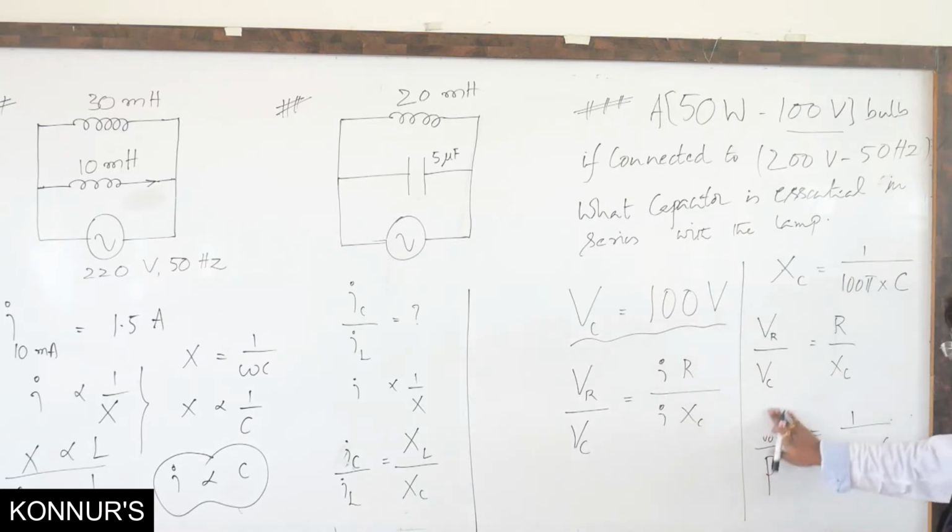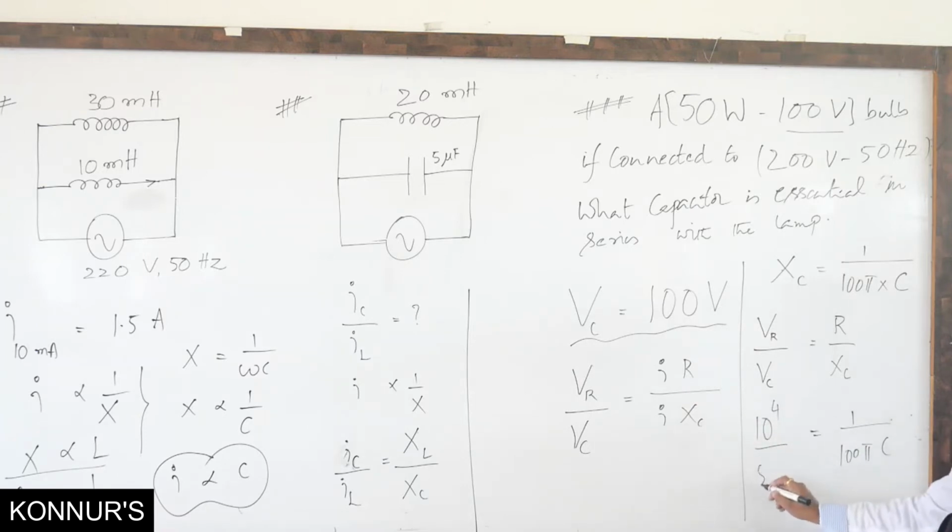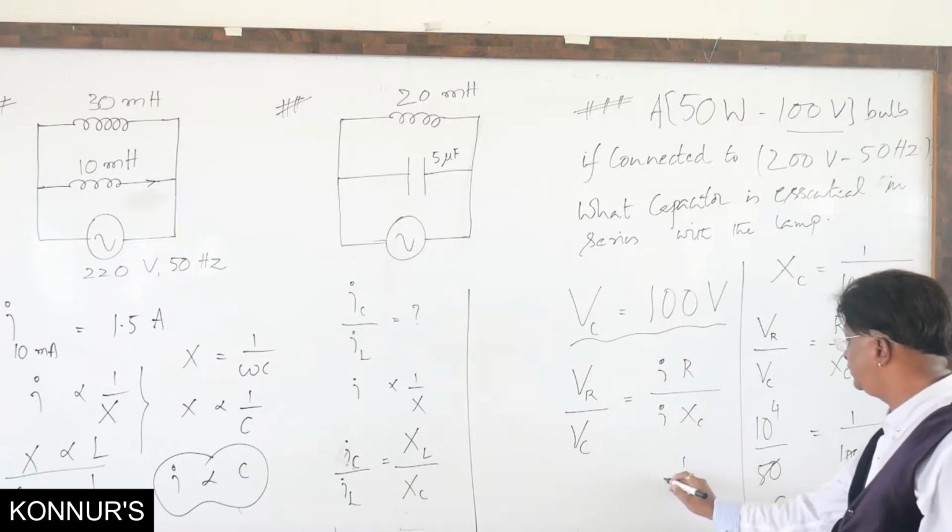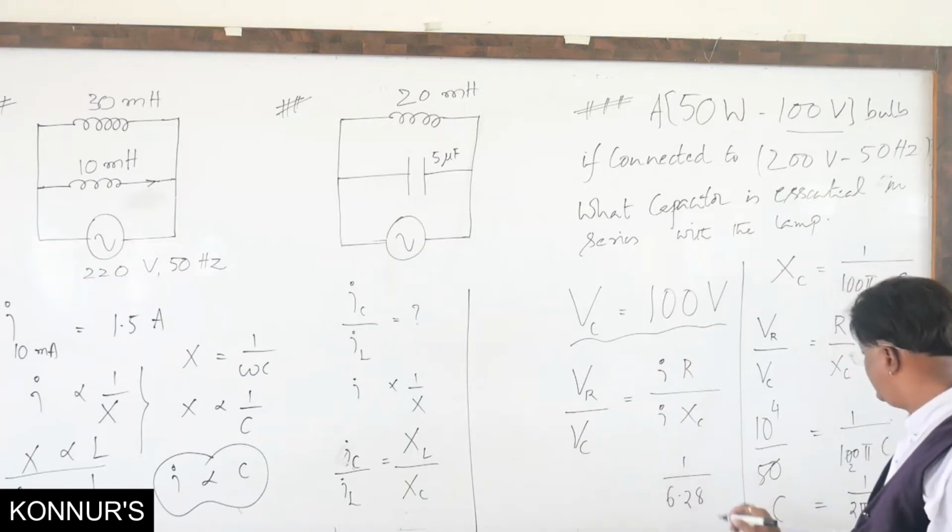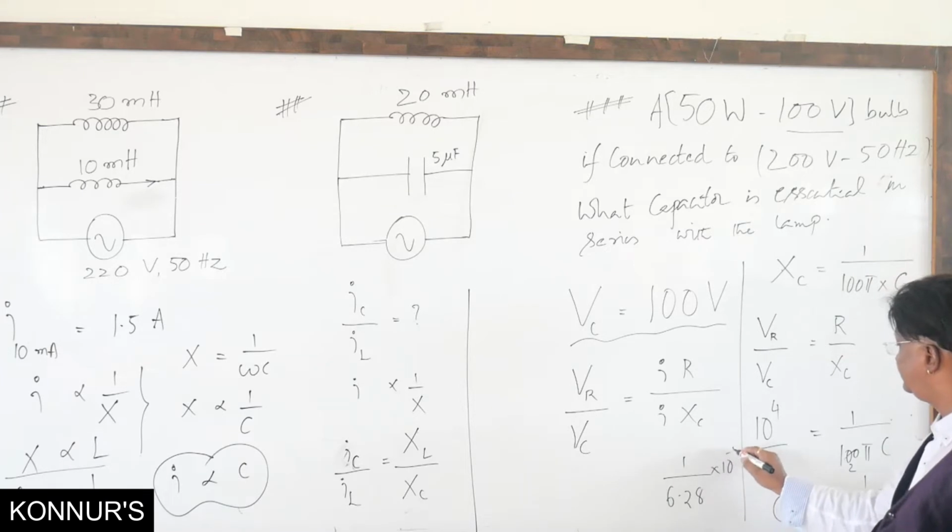Therefore 100 squared is 10 raised to 4, and power P is 50. So the C value is 1 by 2 pi into 10 raised to 4, which is 10 raised to minus 4 times 1 by 2 pi, that is 1 by 6.28 into 10 raised to minus 4.